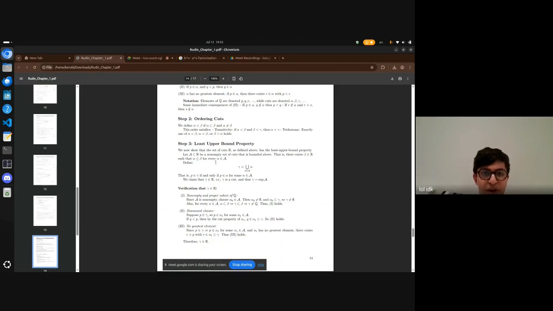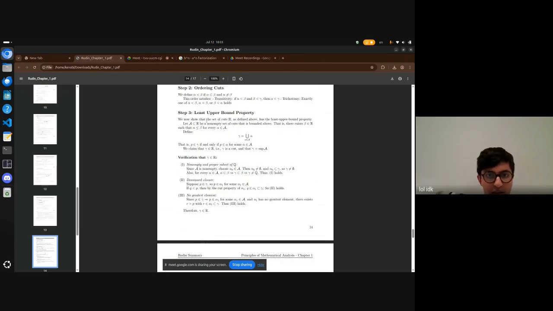Now for the least upper bound property, we let A be a non-empty subset of R, a set of cuts, that is bounded above. That is, there exists B in R such that A is less than or equal to B for every A in the set. So this is like the ultimate cut, right? It contains the other ones.